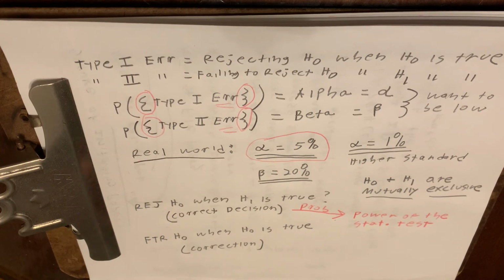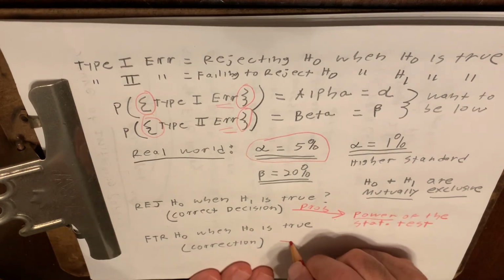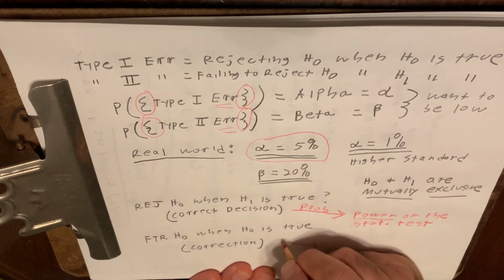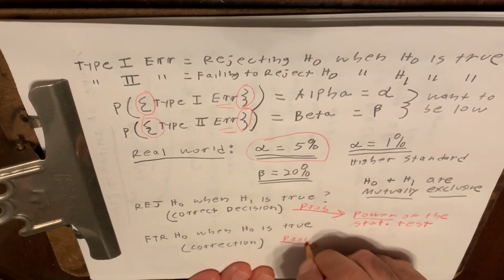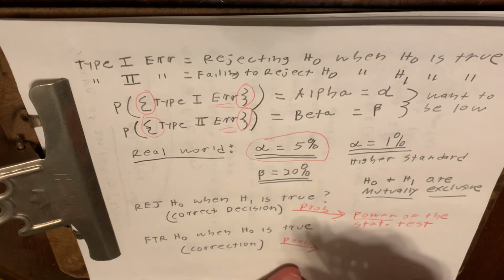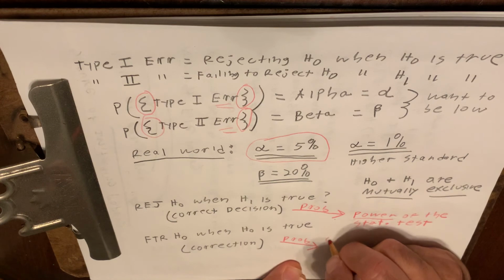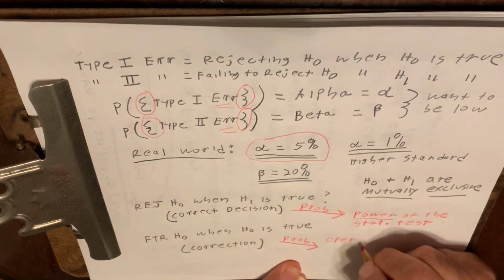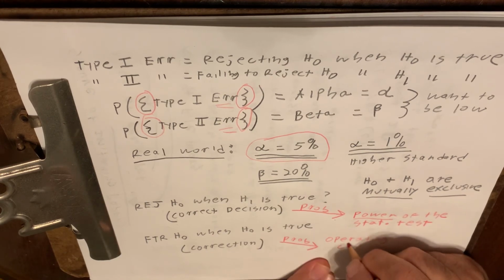And that's a really important word, power. Power is really important. You guys have a little memorization to do to understand these ideas, but it's really important. And the probability of failing to reject the null when the null is true is called the operating characteristic of the test. Operating characteristic.